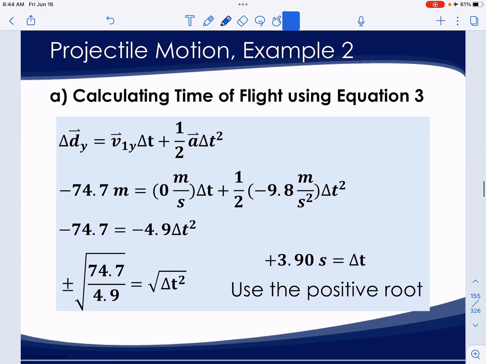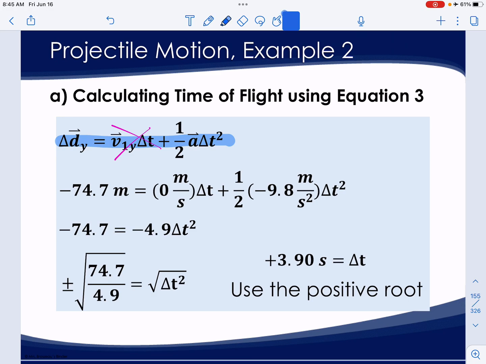Okay, calculating the time of flight using equation 3. Here, delta dy is equal to this, one of our famous, more used kinematics equations. We can plug this in. We know that our v1y is 0, so this term goes away.